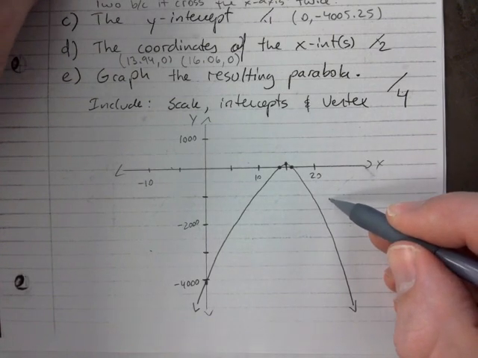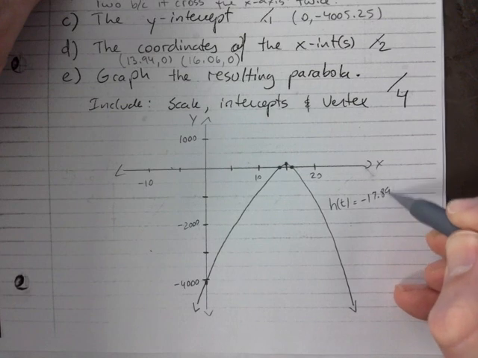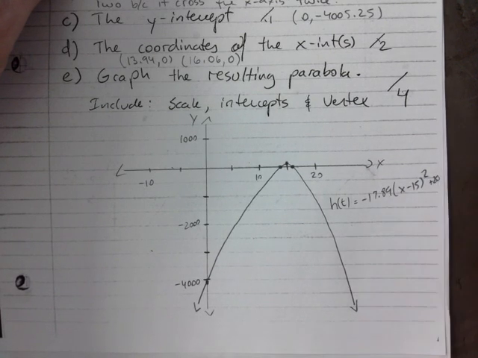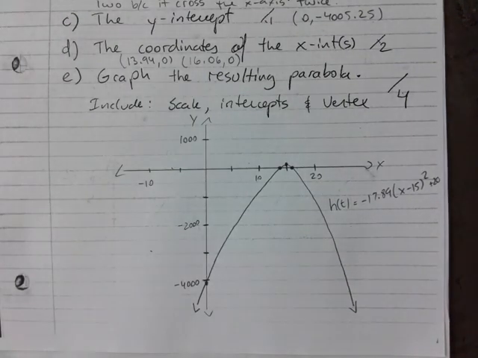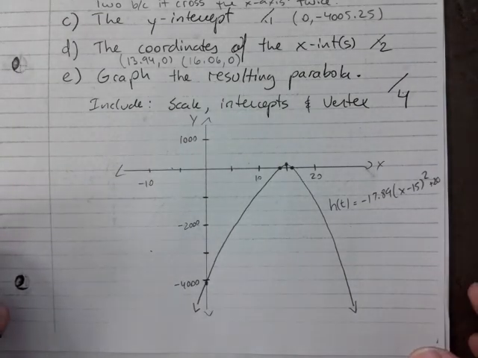And so this has the equation h of t is -17.89 (x - 15)^2 + 20. Okay, so there's your graph. That would have everything that I would expect it to have on it, and you get full marks for the graph. Okay. All right, so be prepared for more of these down the road.